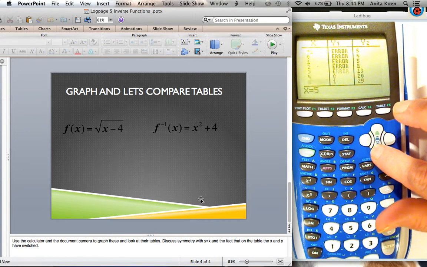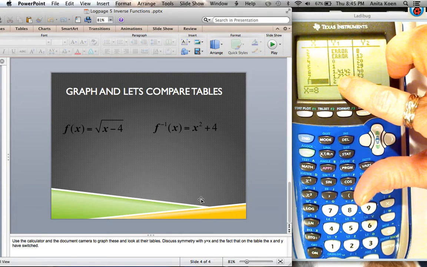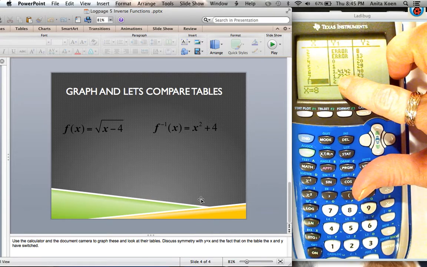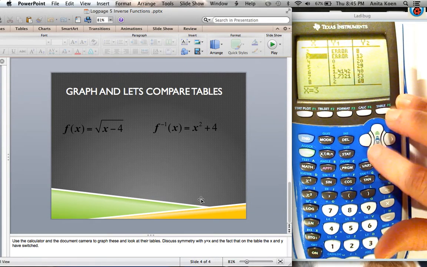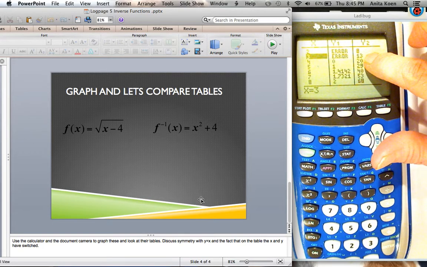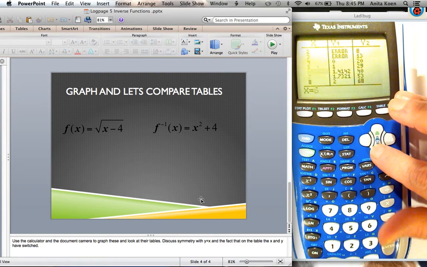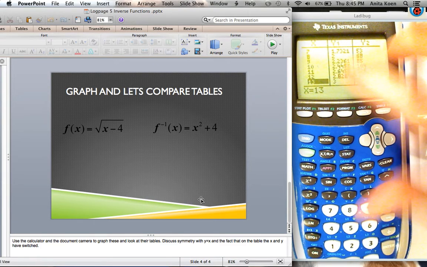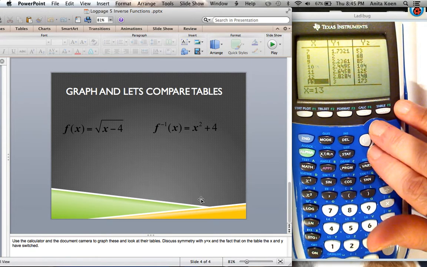So I would expect to be able to come down here and see (8, 2) is on the function the square root of x minus 4. If I go back up here, (3, 13) is on the function x squared plus 4. So I would expect to be able to come down here and see (13, 3) is on the function the square root of x minus 4.